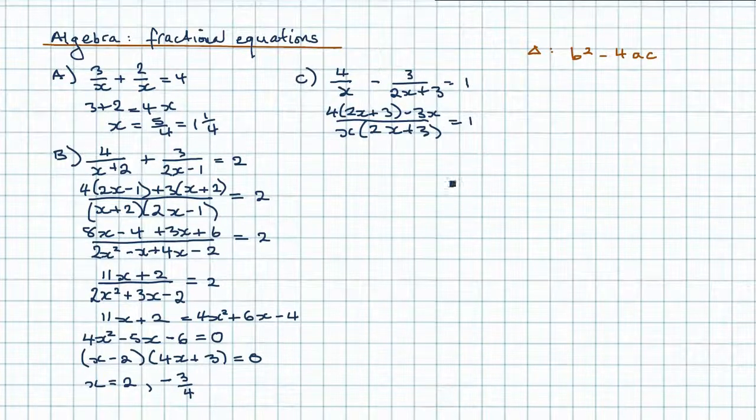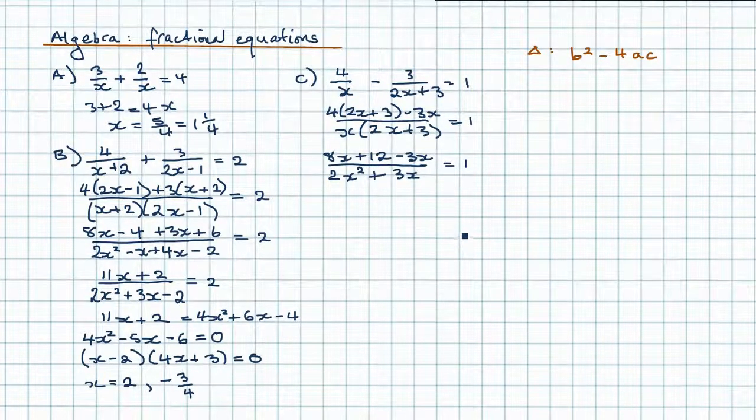Now multiplying out, I've got 8x, 4 times 3 is 12, so plus 12, minus 3x in the numerator. In the denominator I'm going to get my quadratic forming now. I've got 2x times x, so 2x squared, and x times 3 gives me plus 3x, equal to 1.